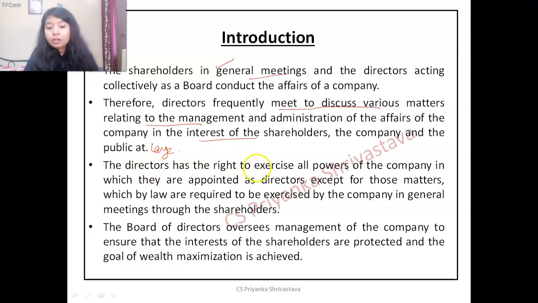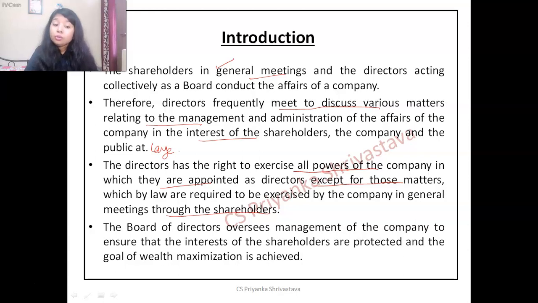Now the directors have the right to exercise all the powers of the company in which they are appointed as directors, except for those matters which by law are required to be exercised by the company in general meeting through shareholders. So basically what it says is that the director has the right to exercise all the powers of the company. Directors have that right.